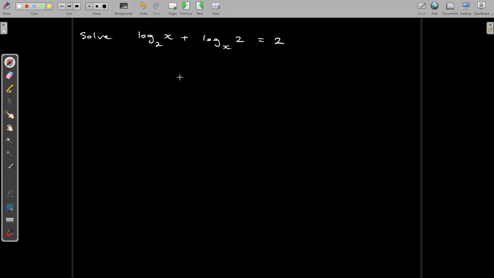Alright, so let's see. So we have x being the variable, right? And we want to solve for that x. However, we have an x in the base here. So what we will need to do is to convert this to base 2.